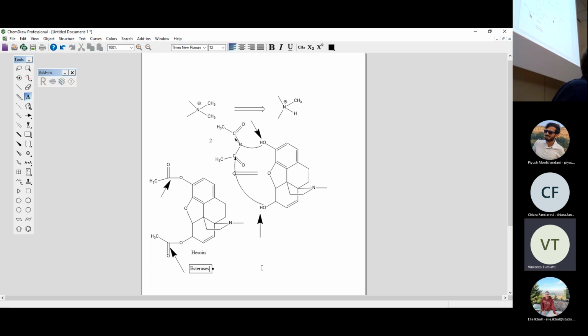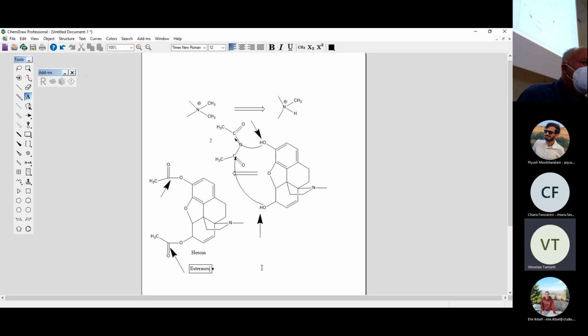morphine, because only morphine interacts with the receptor. Heroin is not able, due to the presence of these two bulky ester functions. So heroin is not active, but it has a higher lipophilicity.